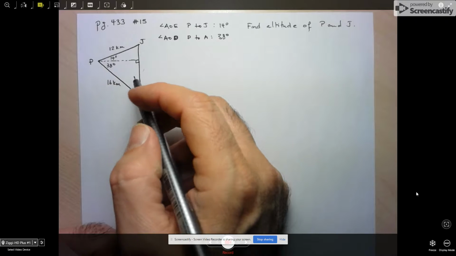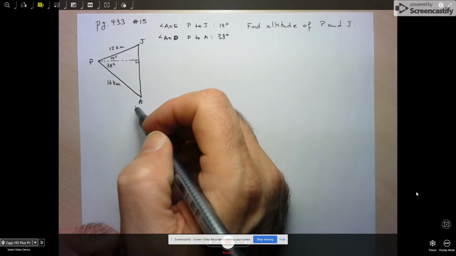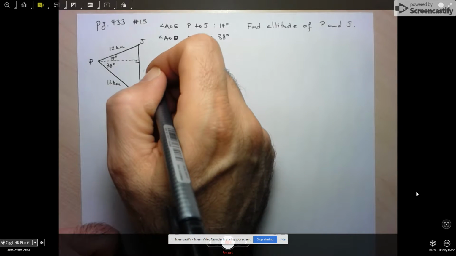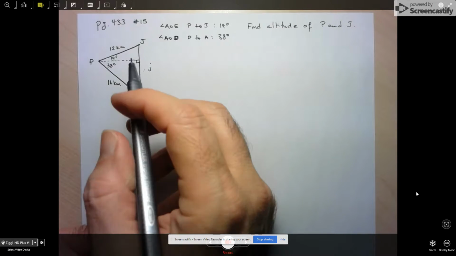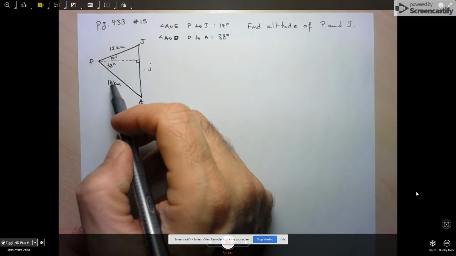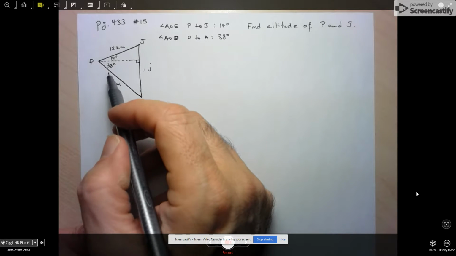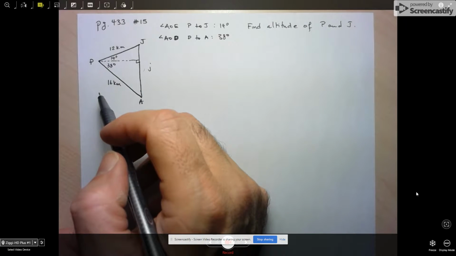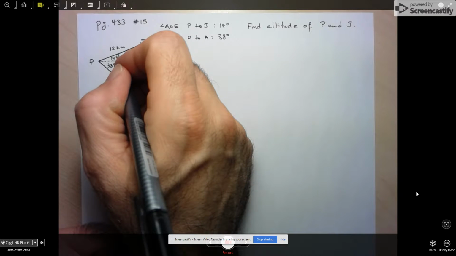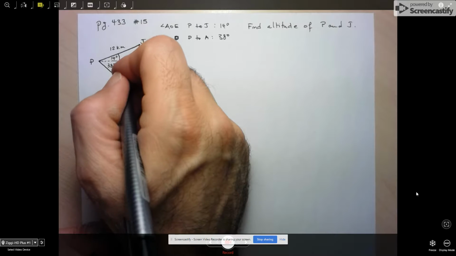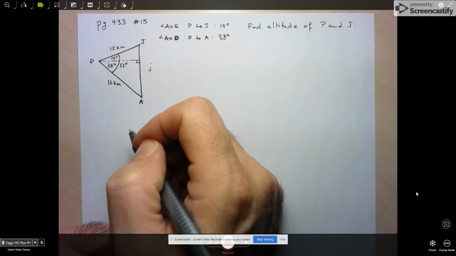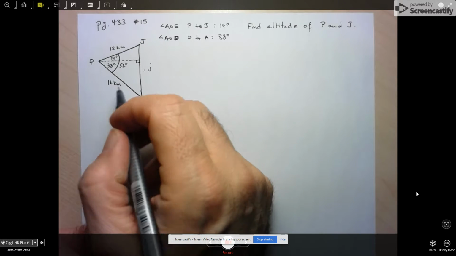So if I want to find the height of the jet here, which I'll call J, use lowercase, I notice that I do not know an angle opposite side pair. It means I have to use cosine law. And of course, I'm going to use the total angle here, 38 plus 14 is 52 degrees, for the angle inside that big triangle.